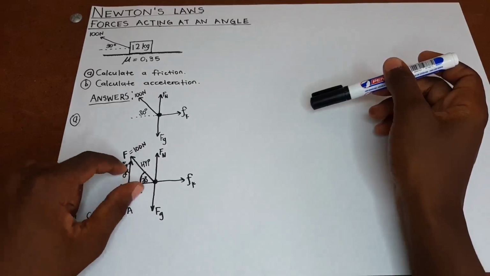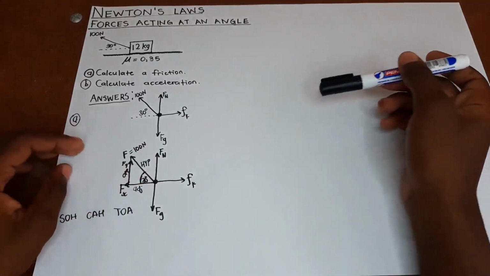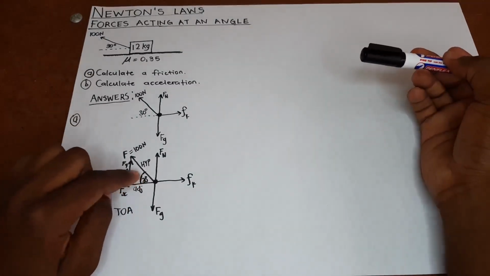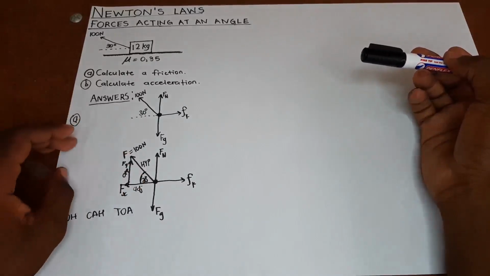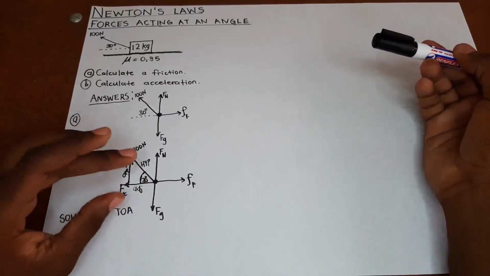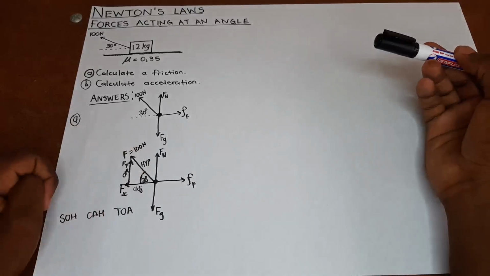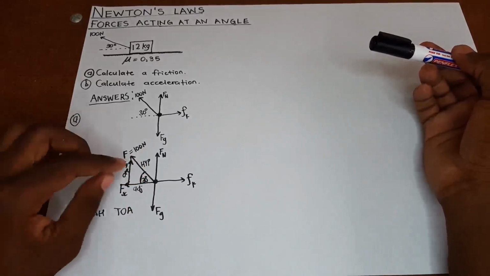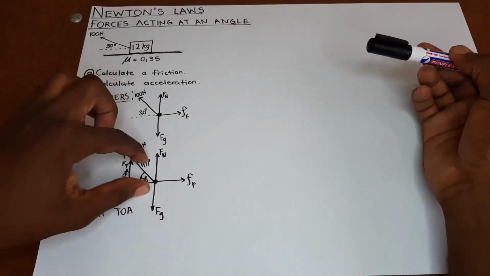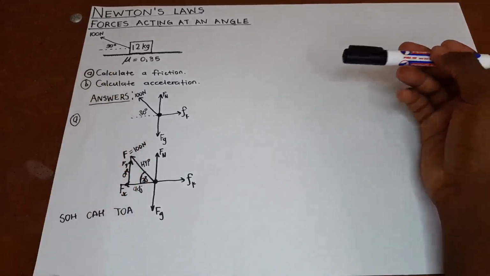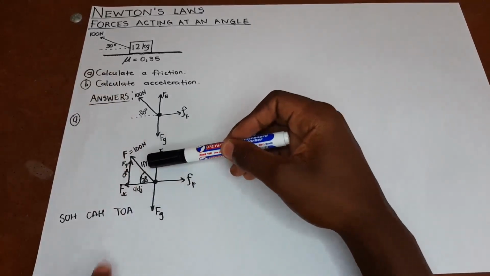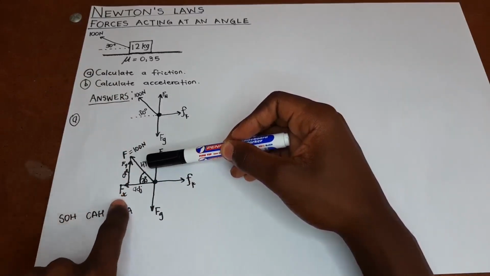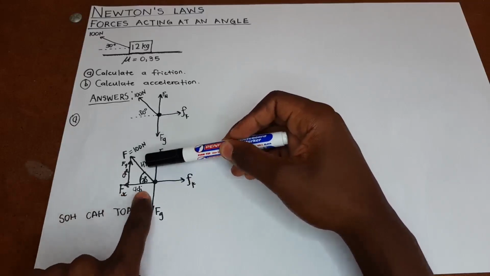Looking at our theta, or 30 degrees, what sides is it between? It's between the adjacent side and the hypotenuse, meaning between the line made by our Fx and the hypotenuse.